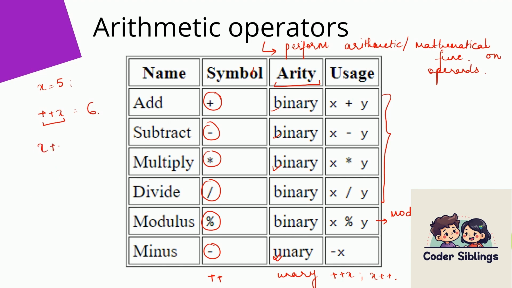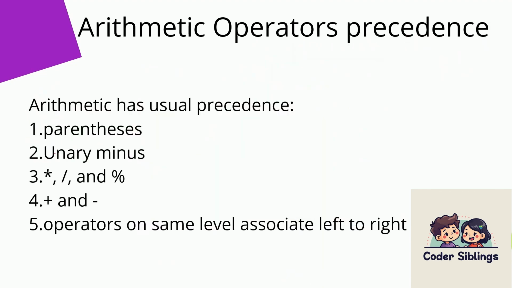But if it is written x plus plus, in that case, for the first time the value will remain 5. After the execution, then it will become 6. So plus plus x means it gets incremented first and then gets executed. This gets executed first and then incremented, right?